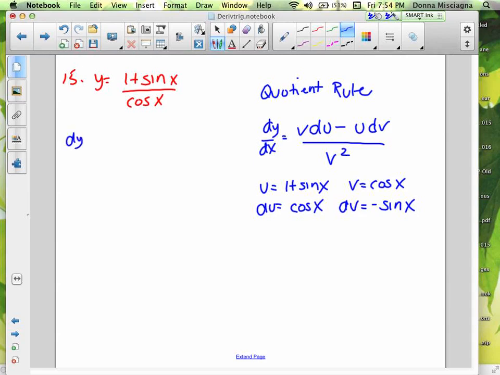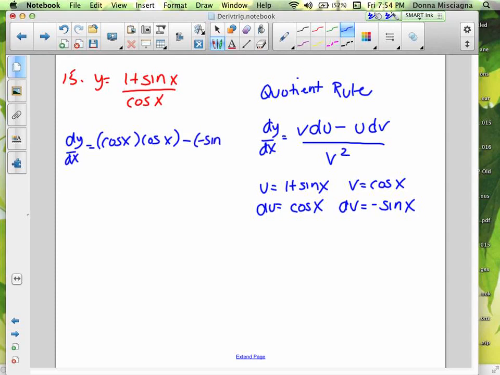So dy dx is, so our v, cosine x, times the derivative of the numerator, another cosine x, minus the numerator times the derivative of the denominator. So I've got another negative sign.